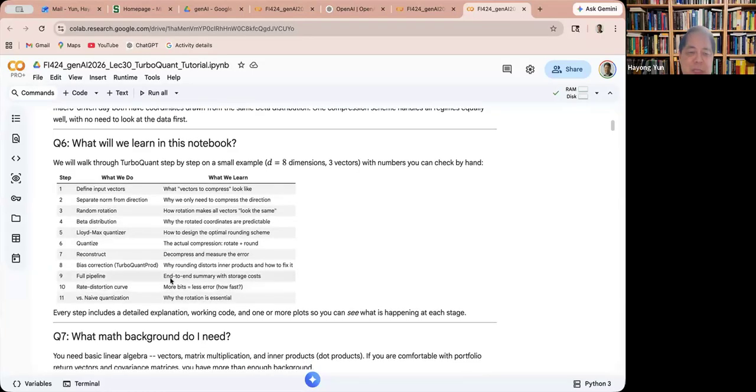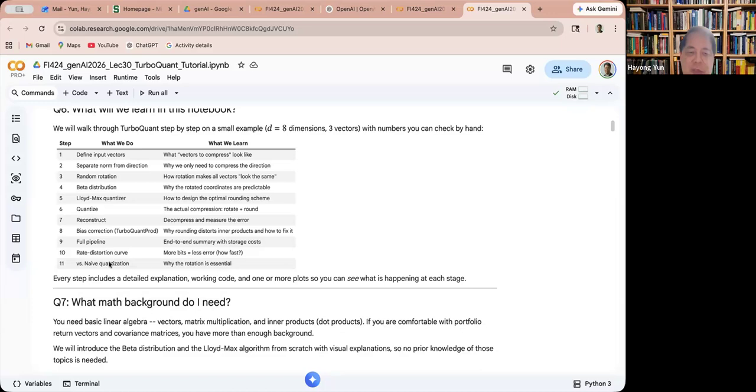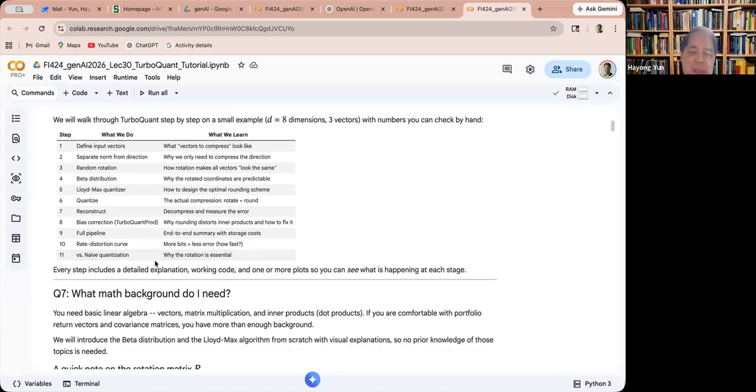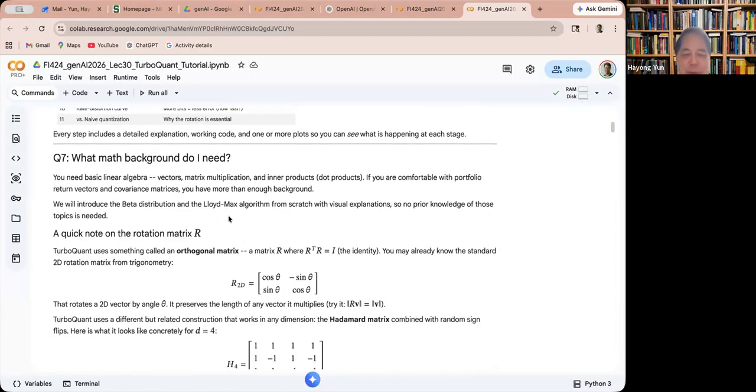Then we'll summarize it. And then we show how the rate-distortion curve looks as you increase the bins. More bits, probably less error, but how does it actually reduce it, the trend. Then let's compare against naive quantization, okay? What mathematical background you need is basically just linear algebra, and we'll give enough heuristics, so hopefully you can get something out of it.